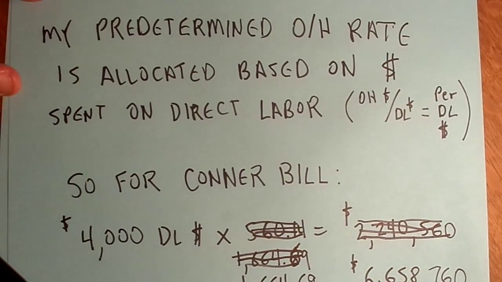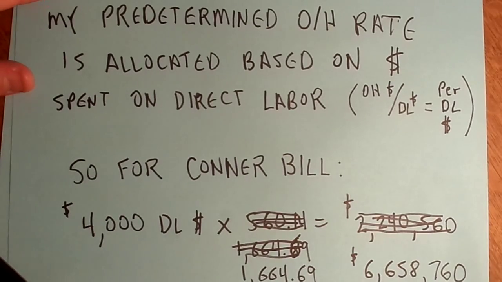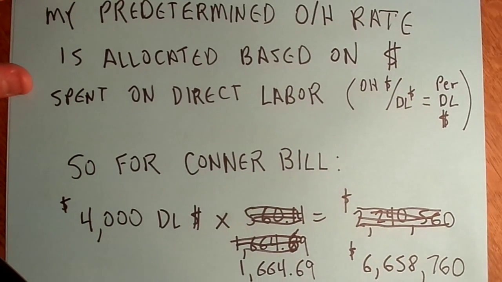And here's that number that you saw a few pages ago on the case study, or I should say on the video. I've got 4,000 direct labor hours times $1,664.69 per direct labor hour is $6,658,760 of overhead.